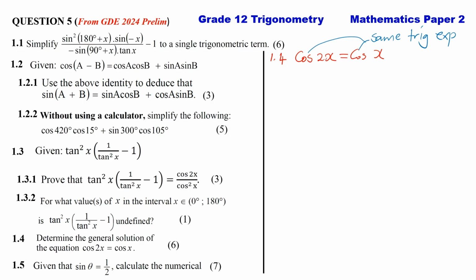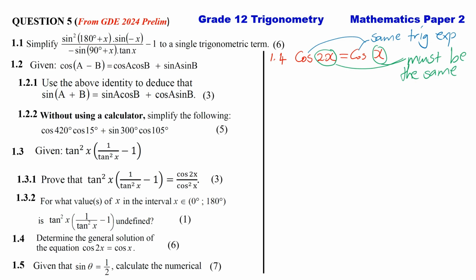Another consideration to make is that the size of the angle given must be the same. So these two angles here, they must be the same. And I can see that in my expression, they are not the same.